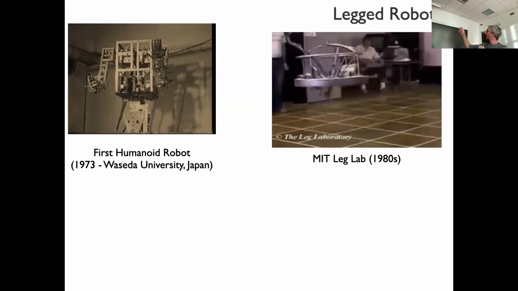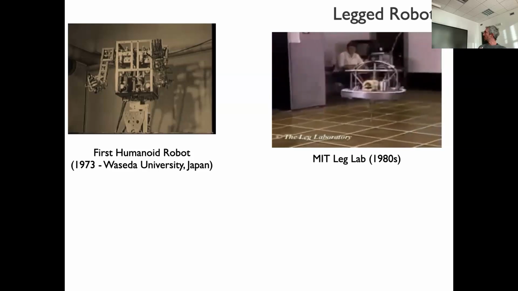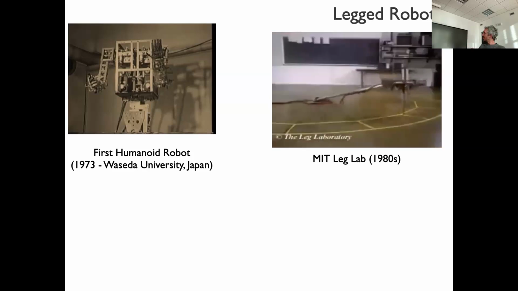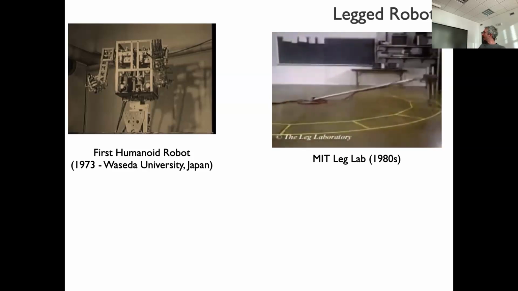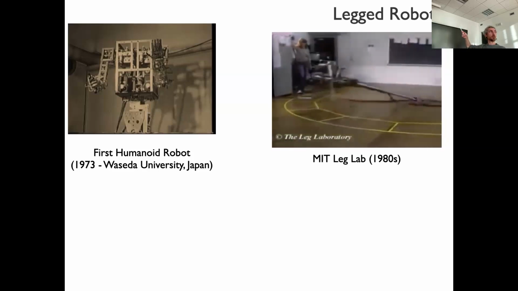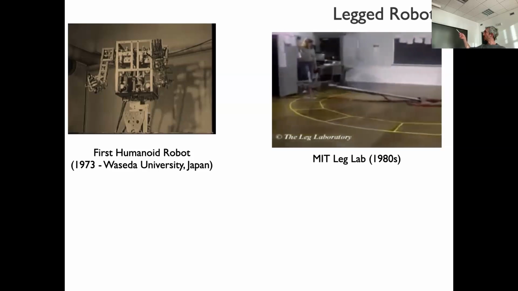Then top right, you can see the MIT Leg Lab. They were making wonderful monopod hopper robots in the 80s. And by the way, that lab was run by Marc Raibert, who then became the founder of Boston Dynamics, which you have probably heard of.